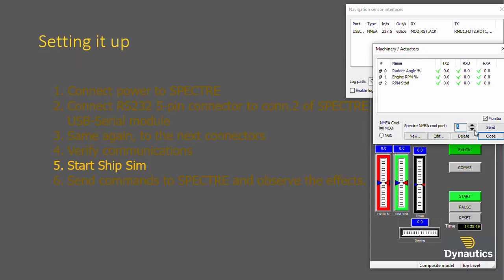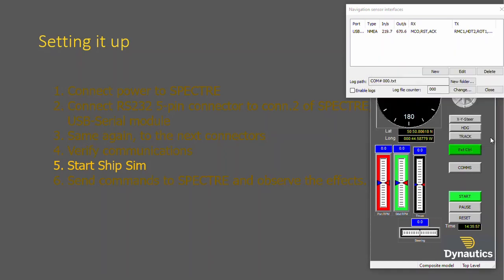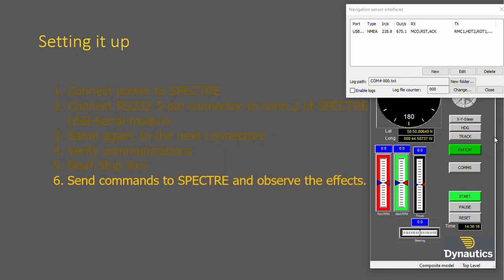Make sure that says 3, and if necessary press send. Okay, so you will end up with a steady green on that light. So we've started ShipSim. We've got data coming in, and the next step is going to be to send commands to Spectre and see the effects on ShipSim.